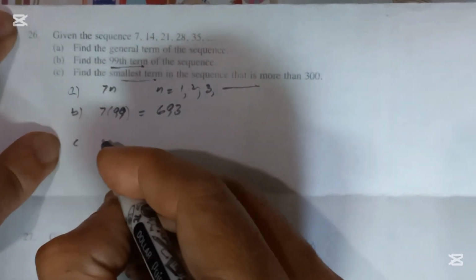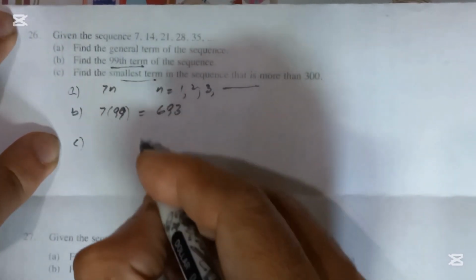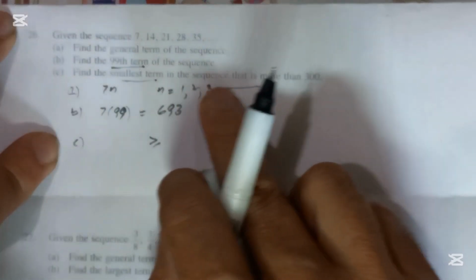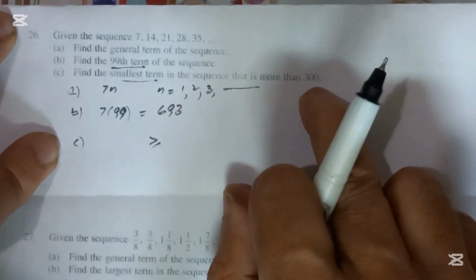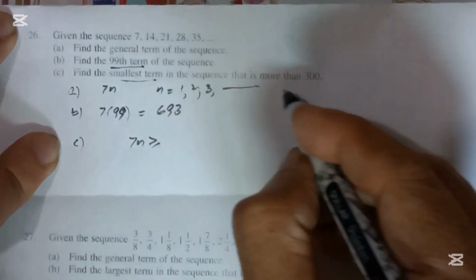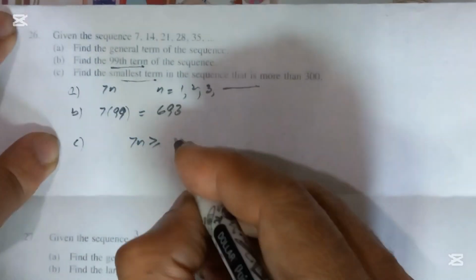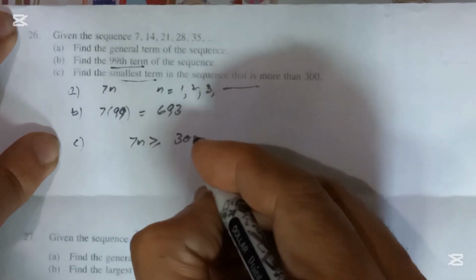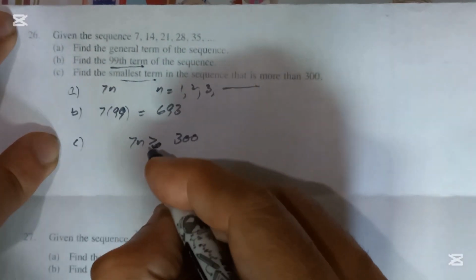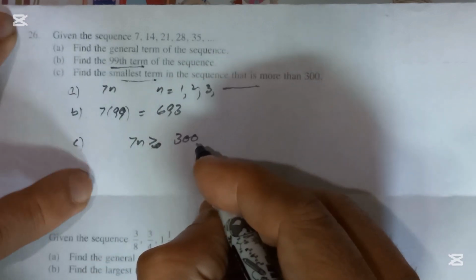Last part is find the smallest term that is more than 300. Whenever the smallest is the requirement, this kind of inequality will be used in the sequence. So 7n as it is, and that is more than 300, so this sign will be used: 7n greater than 300.